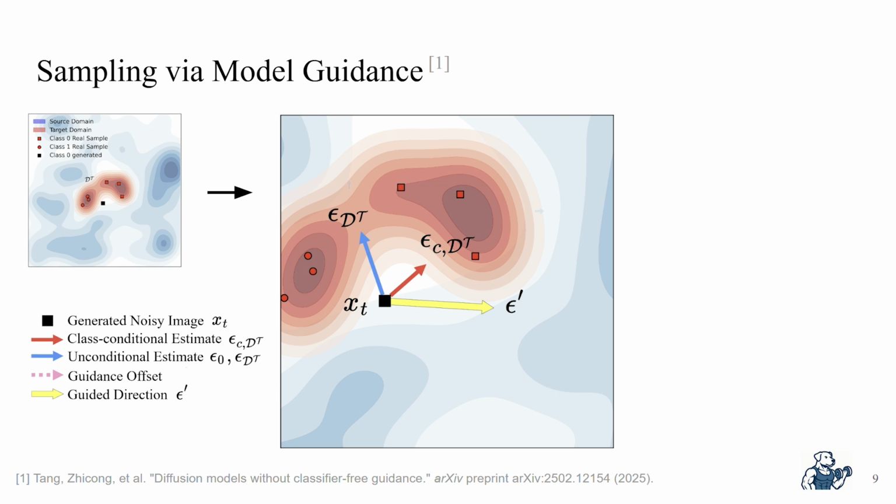Model guidance tries to eliminate the double forward pass problem by directly learning to predict the guided direction without computing the guidance offsets. However, a new problem rises. The model loses its test time guidance control, since the guided weight is now hard-coded into the model.